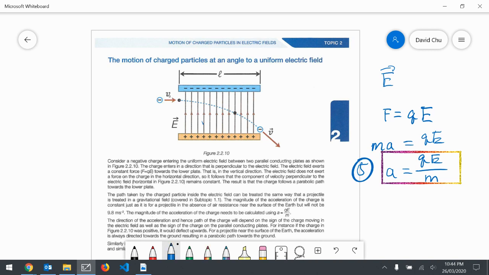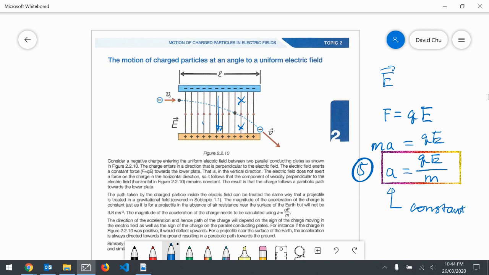Since we have uniform electrical field strength, no matter whether you're here or here, and your charge is constant, because you don't get greater or less charge by moving through the electrical field, and the mass shouldn't change unless you're losing mass along the way, your acceleration should be constant no matter where you are in the field.